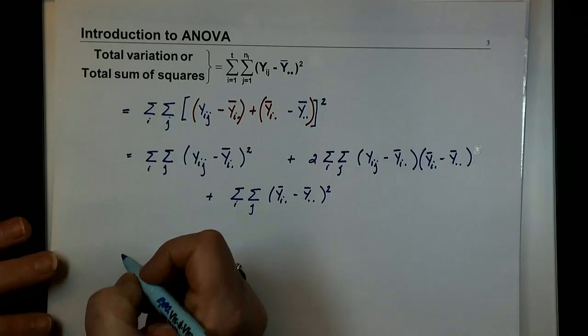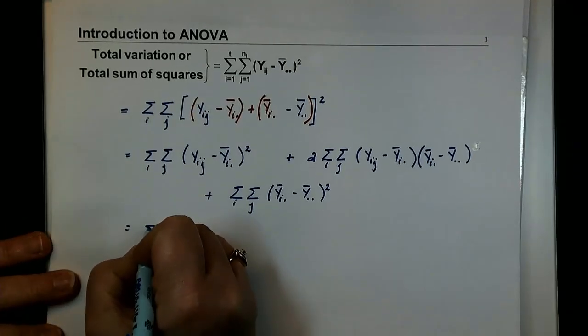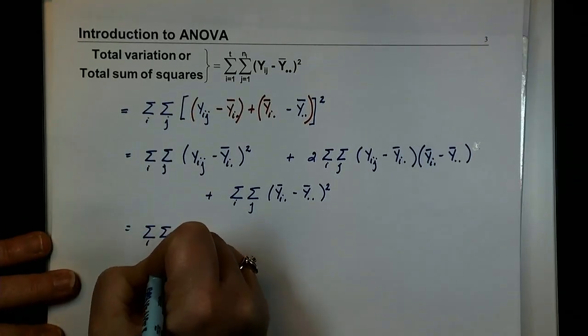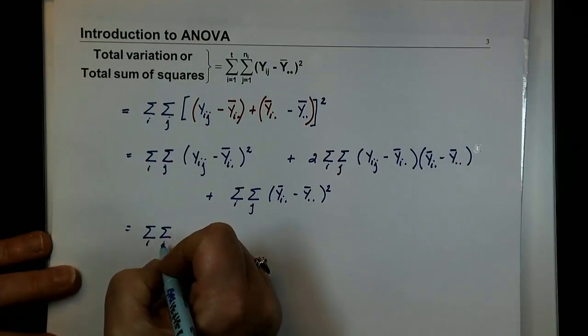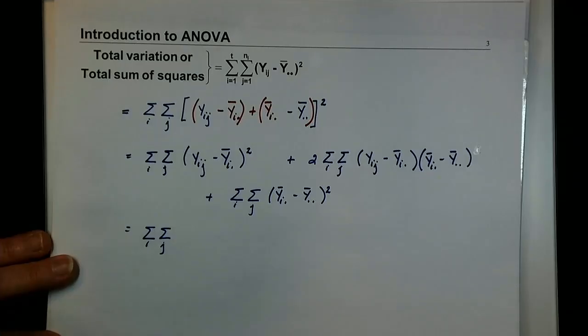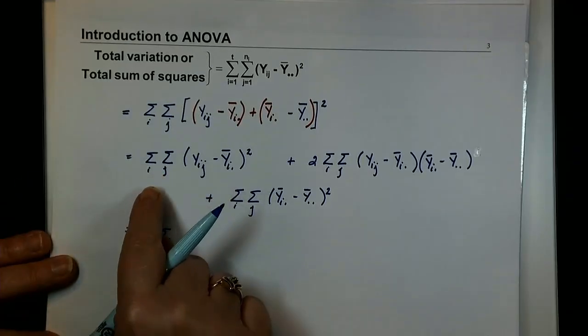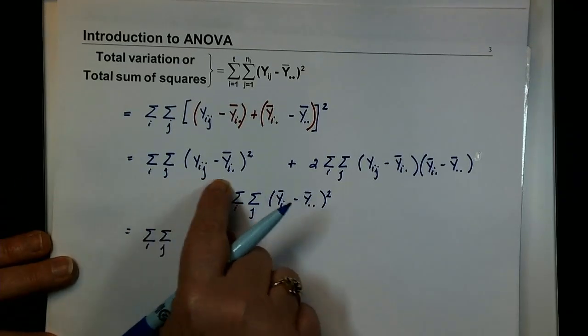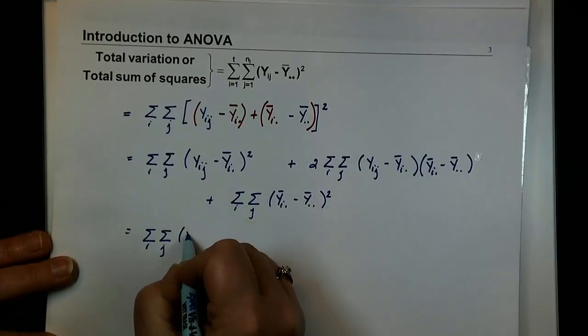What happens in here? This first term does not simplify because it depends on j, so every term changes along in there.